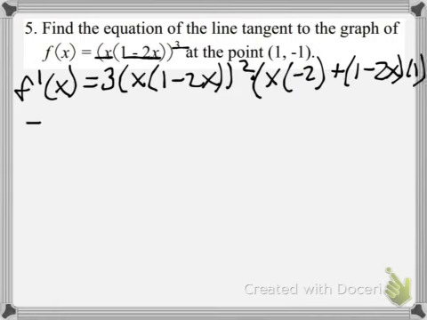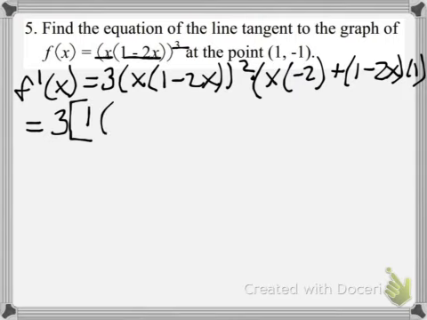Okay, next. Because I'm running out of room, I need to come over here. It's telling me to evaluate it at the point 1, negative 1. So I'm just going to evaluate at x. There's no need to start combining at this point. That's where you could probably mess up, and I don't want you guys to mess up. Just plug in your x value.